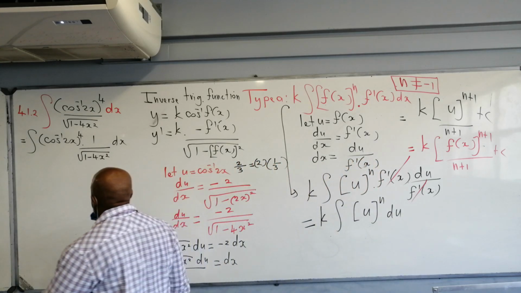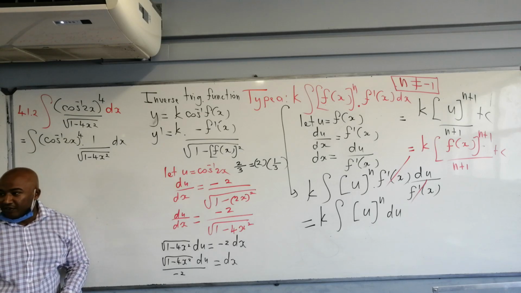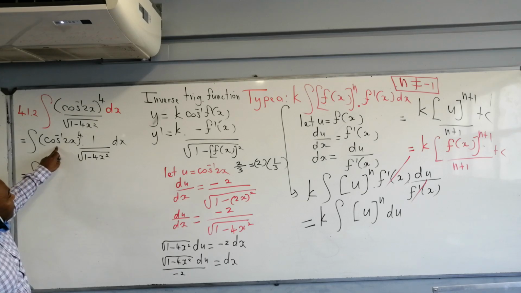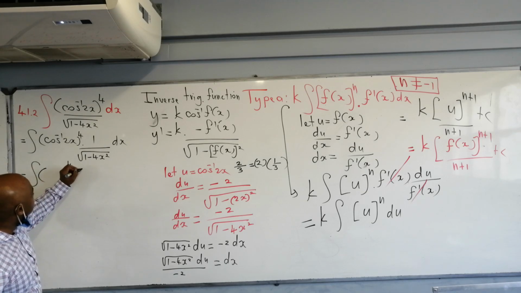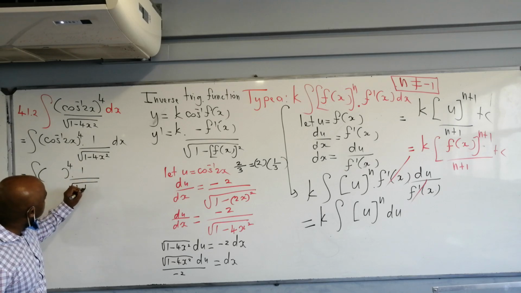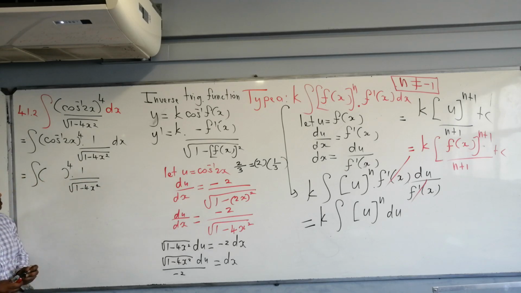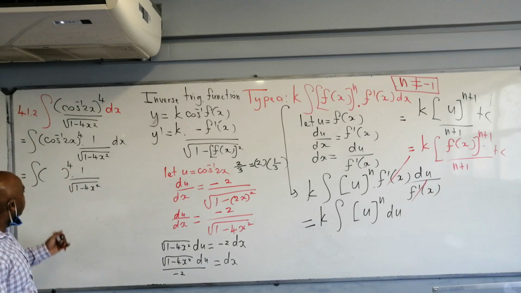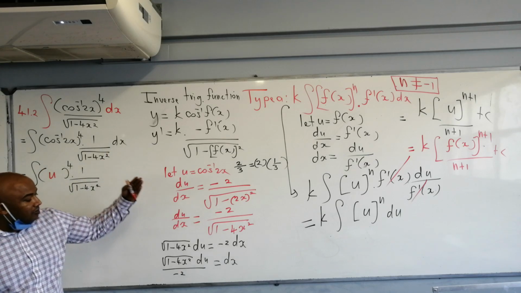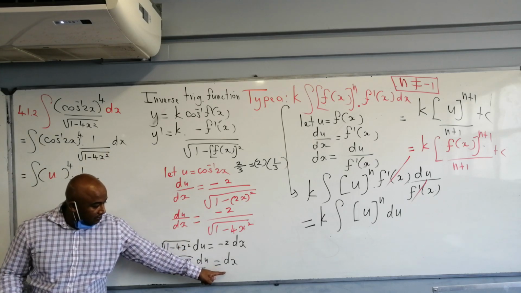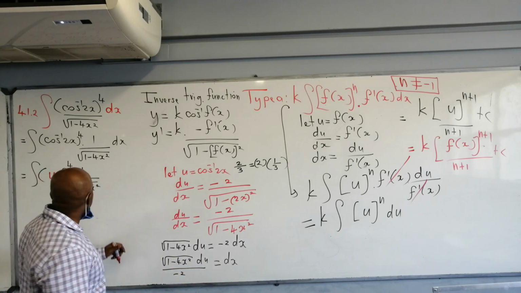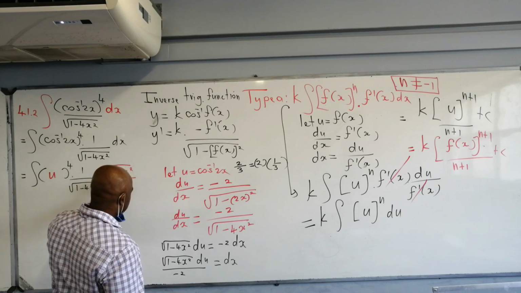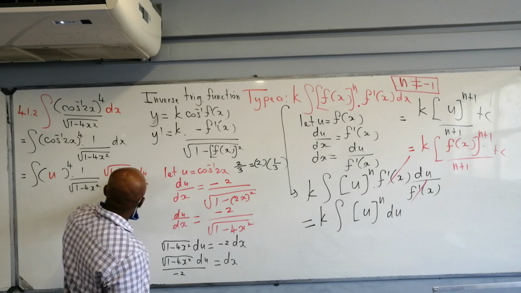Let's do the substitution. And obviously your standard forms. Now, this is equal to the integral of, there's no more inverse cos. What is inverse cos 2x called now? We replaced it with the letter u. Dx is no more dx. So dx is the square root of 1 minus 4x squared divided by minus 2 du.